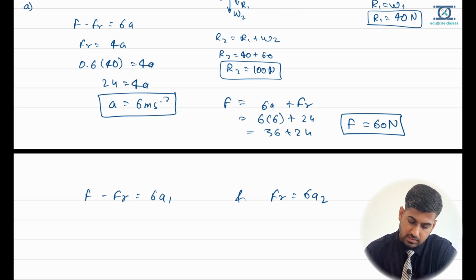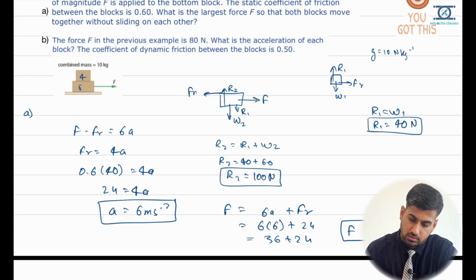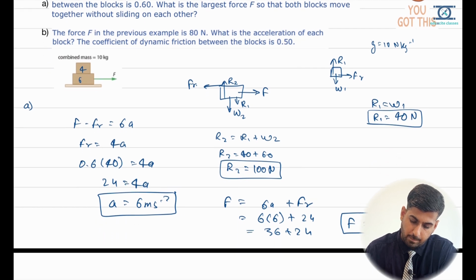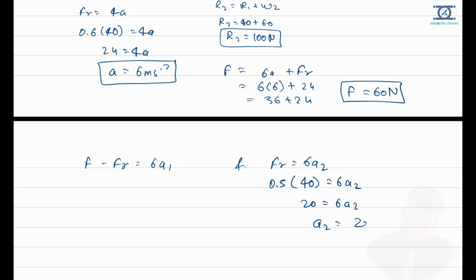I can say this will be nu 0.5 into R1, R1 is 40, is equals to 6A2. So this will be 20 is equals to 6A2. So A2 is equals to 20 by 6.